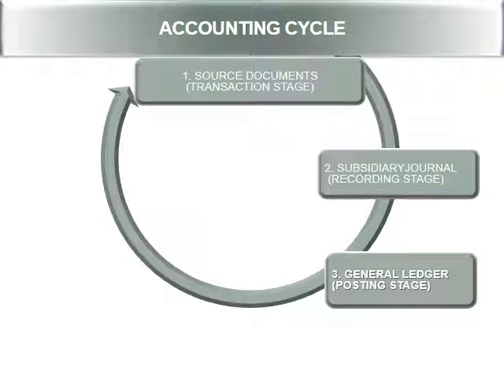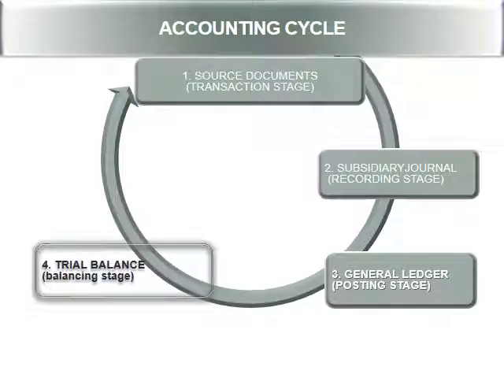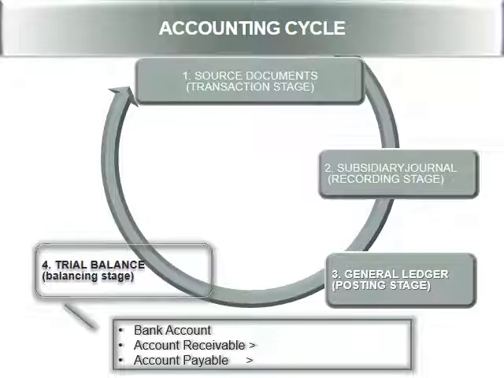On the accounting cycle, before commencing with stage 4, which is the preparation of a trial balance, certain accounts need to be reviewed and reconciled, especially those dealing with external party transactions. Such accounts are the bank account, where receipts and payments involving the financial institutions were recorded; the accounts receivable, where transactions affecting debtors were recorded; and the accounts payable, which recorded transactions affecting the creditors.